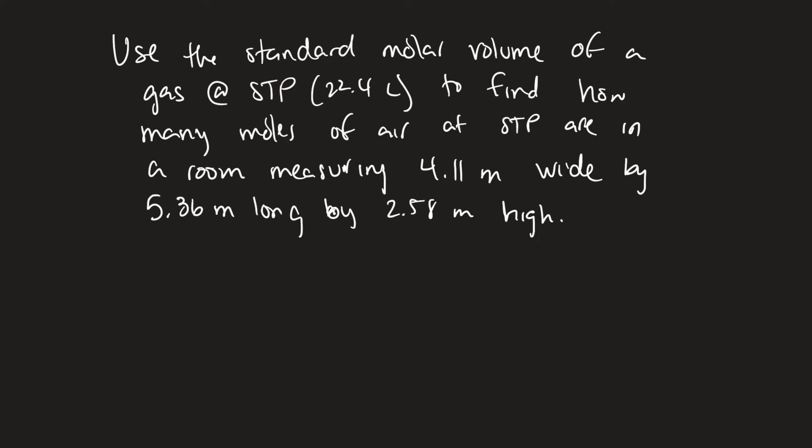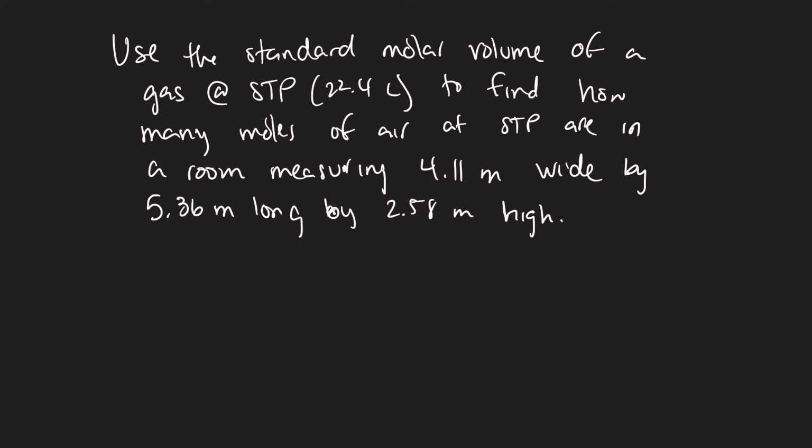Basically I'm going to have 56.8 meters cubed times, for every 1,000 liters is equal to 1 meter cubed. So that will cross out meters cubed. 56.8 times 1,000 is essentially 5.68 times 10 to the 4th liters. So now we have this in liters.